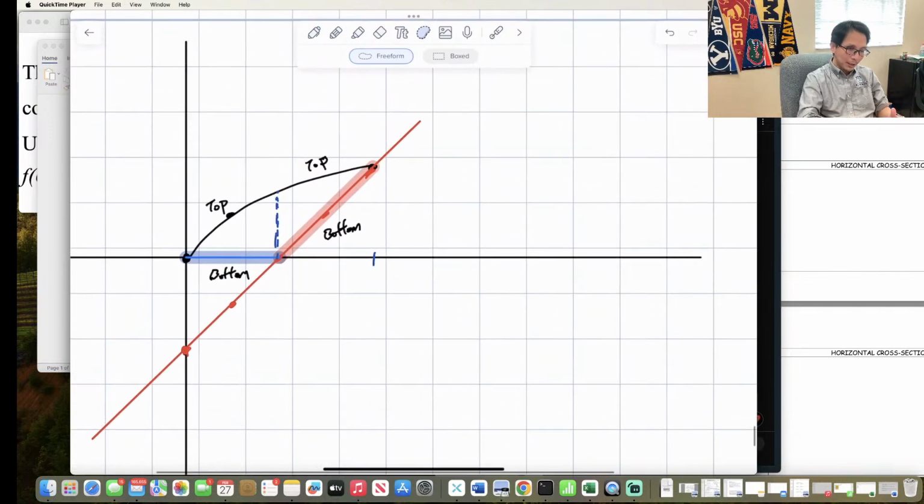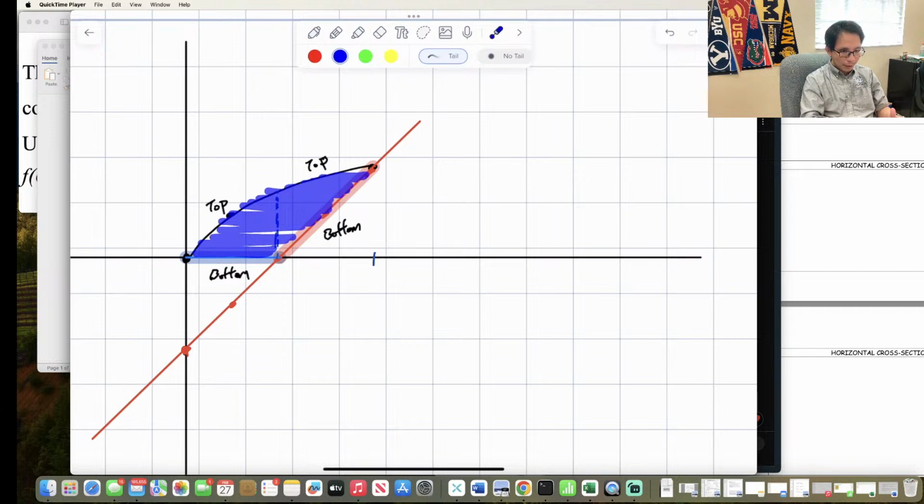That means I'm going to calculate my area going from here. But if you do this, when do you stop? At which value do we stop? Is it 4? No, we do it from the bottom up. So which value do we stop at?